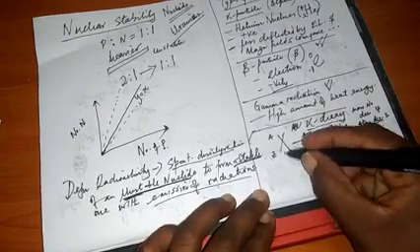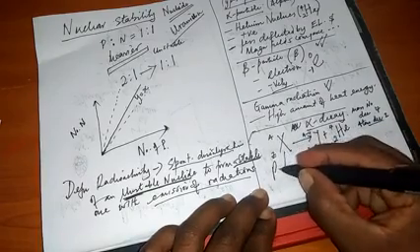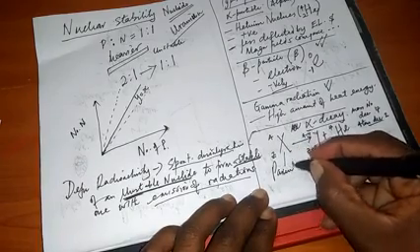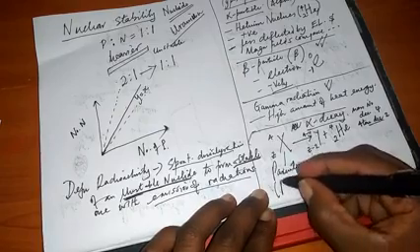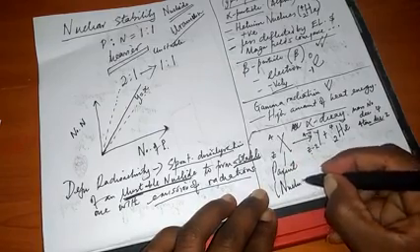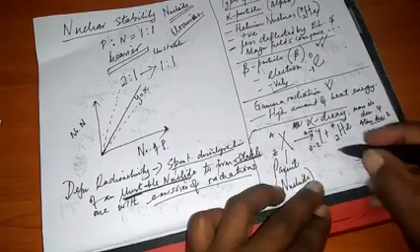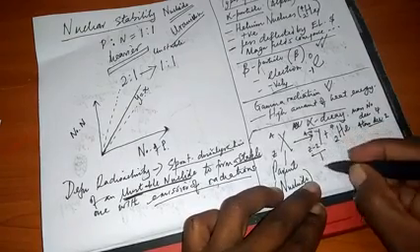This is what we call the parent nuclide, and this one is what we call now the daughter.